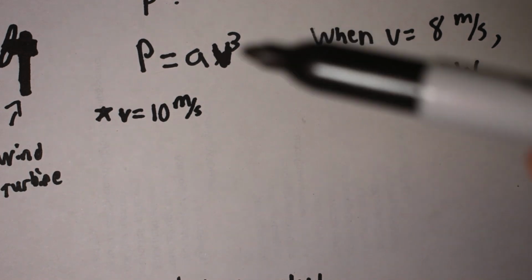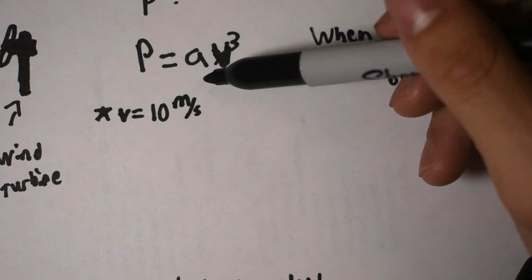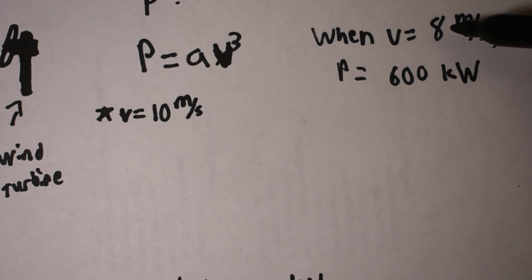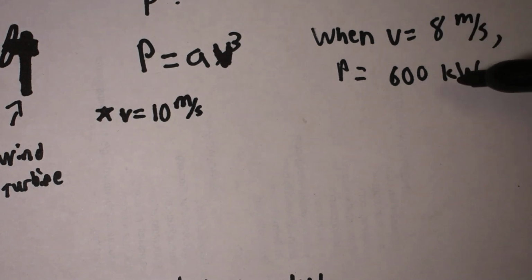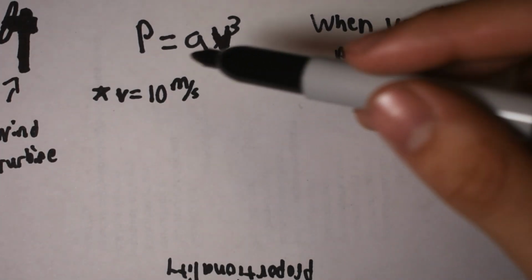Now, it isn't as simple as just plugging 10 in for v and figuring out P, because we don't know our a yet. So let's use our already known knowledge of 8 meters per second giving us 600 kilowatts to figure out our a. Because when we know two different variables, we can figure out the third one.